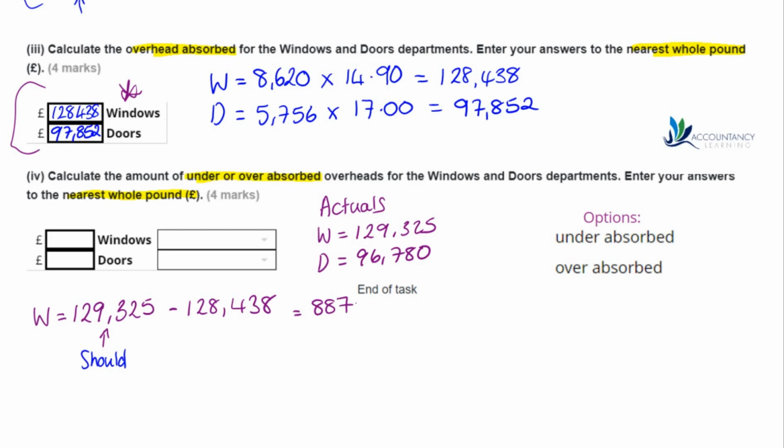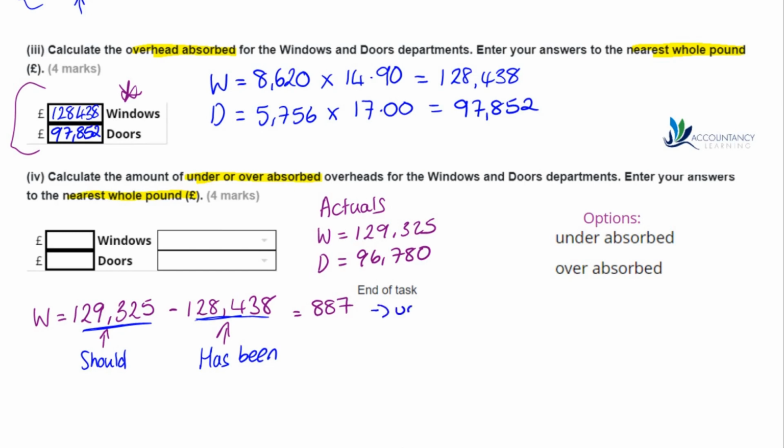So this is the actual, so what has been, and because this is lower than the should, it means there is some left over, so we haven't absorbed all of it, so that would make it under absorbed.